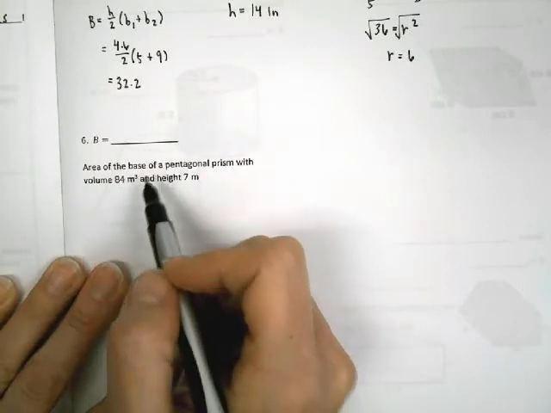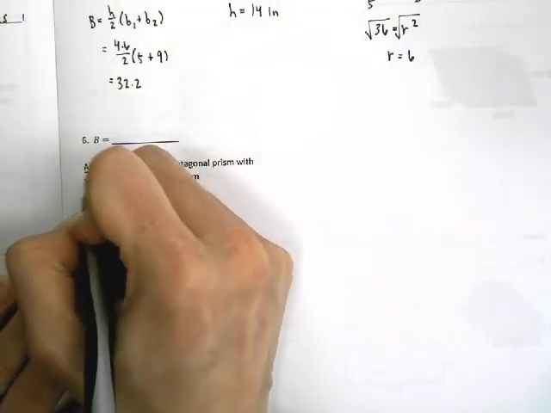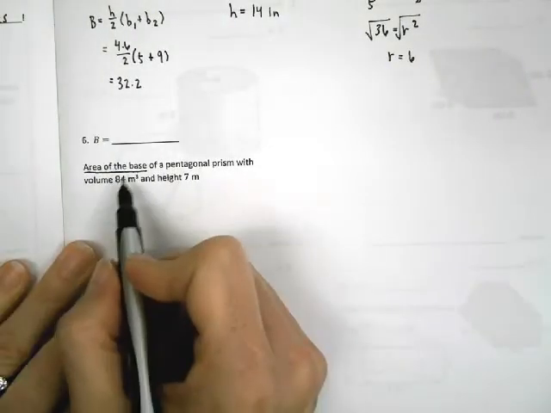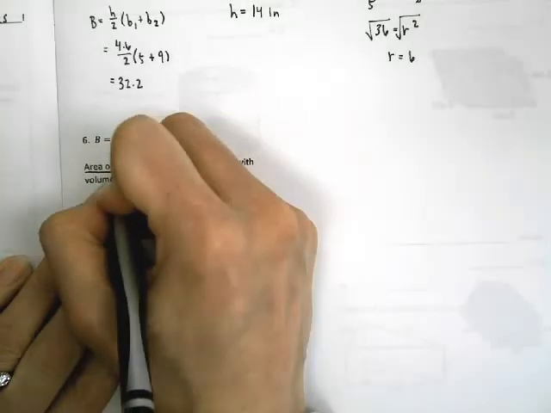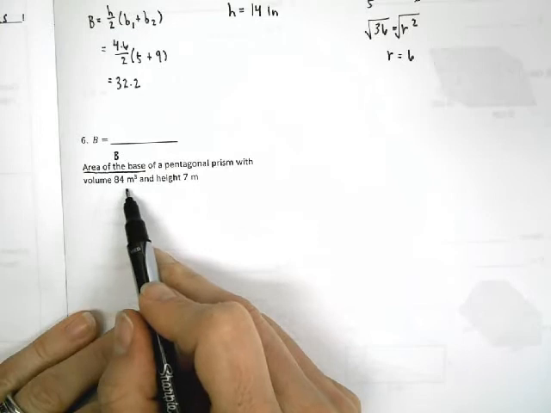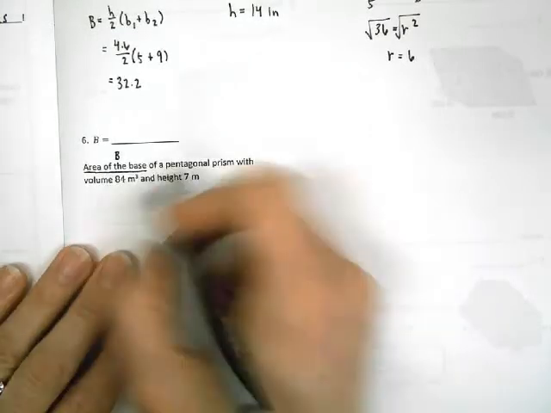All right, last problem for today. We need to find the area of the base. So this is going to be really important. This is one that often gets missed because people actually try to do too much work. So we're trying to find the area of the base, which is just the capital B of a pentagonal prism with volume 84 cubic meters and height 7.